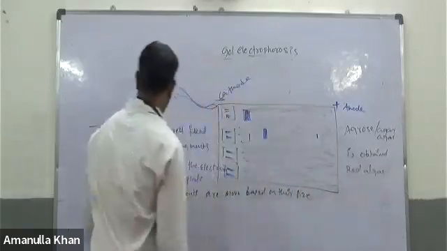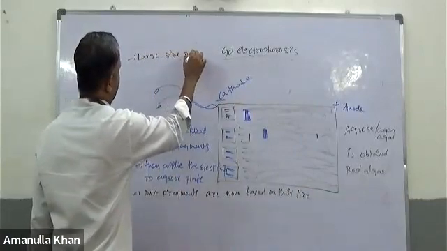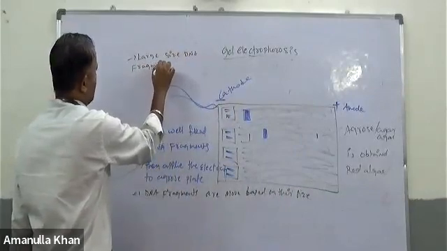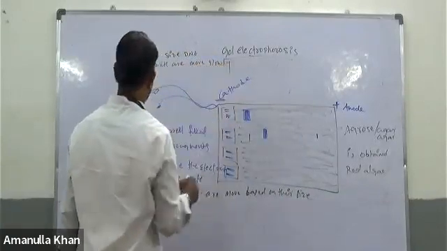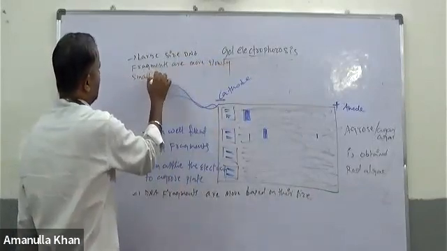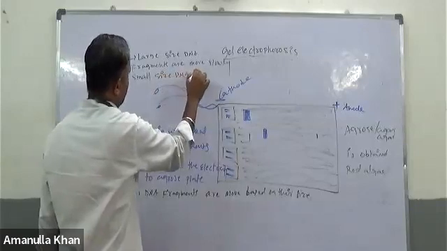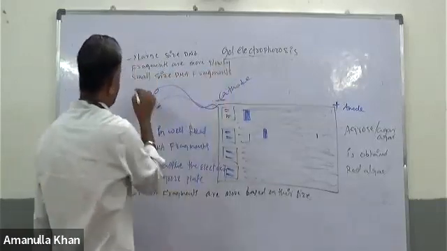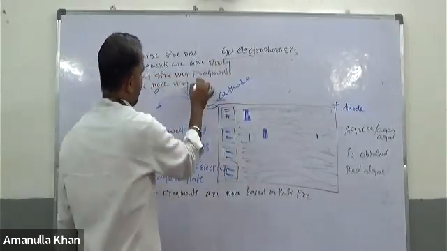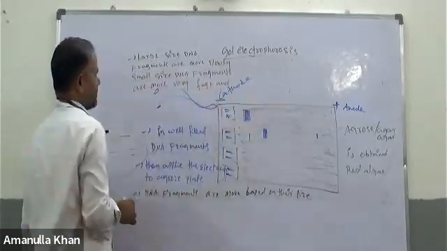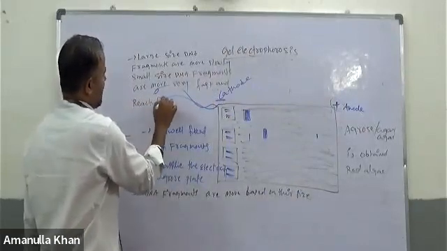Large size DNA fragments move very slowly, and small size DNA fragments move very fast and reach which region? The anode region, the plus region.